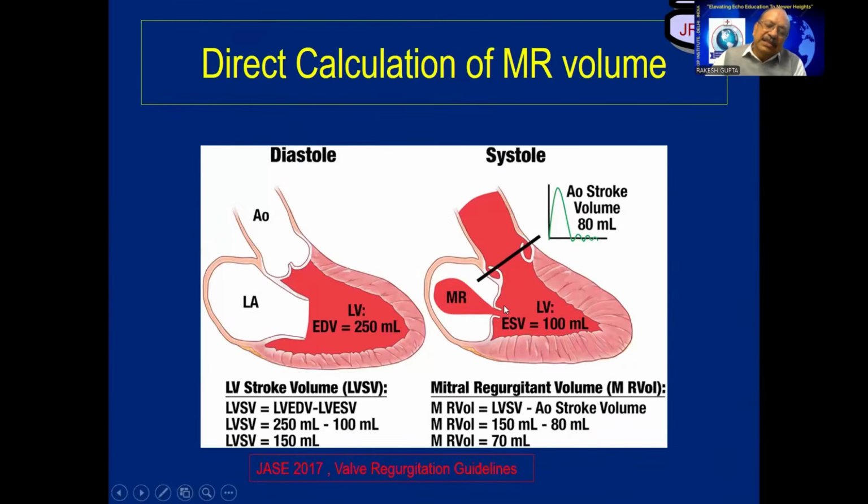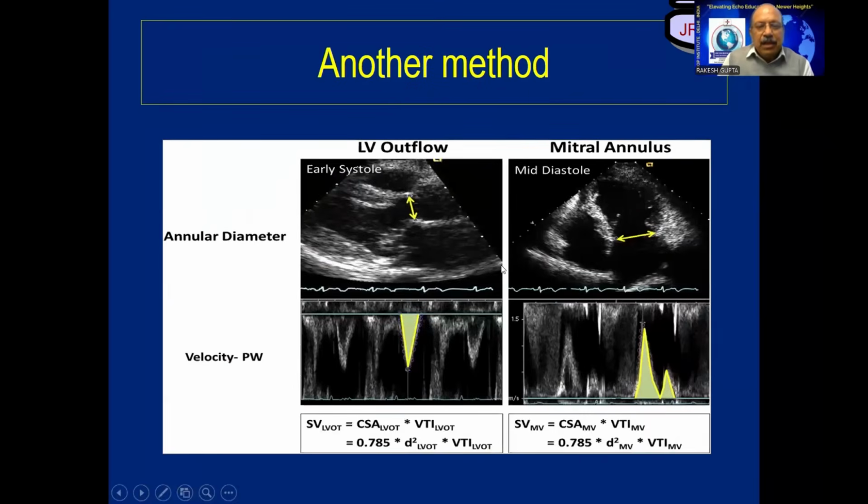What is the method? We know what is LVOT. So we measure the LVOT diameter in the parasternal view. Then we go to the 3-chamber or 5-chamber view and calculate the LVOT VTI. What you will derive out of this is the stroke volume across the LVOT. Now you go to the 4-chamber view and look at the mitral annulus diameter.